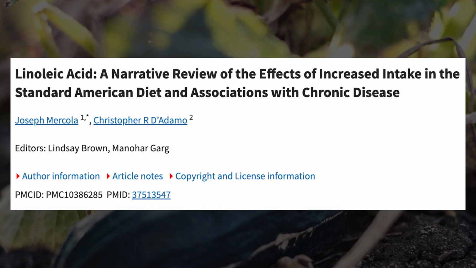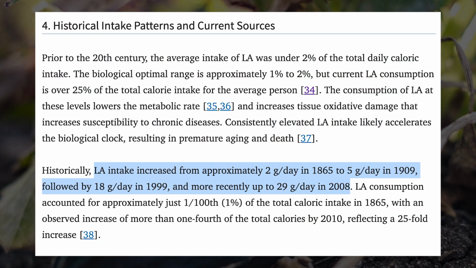But if you focus on foods that have low amounts, you would essentially be mimicking what our ancestors had taken in, which was something like 1 to 2% of their total calories. So in other words, if you wanted to put that into grams, it's something like under 4 grams or under 5 grams daily, which is not very much.